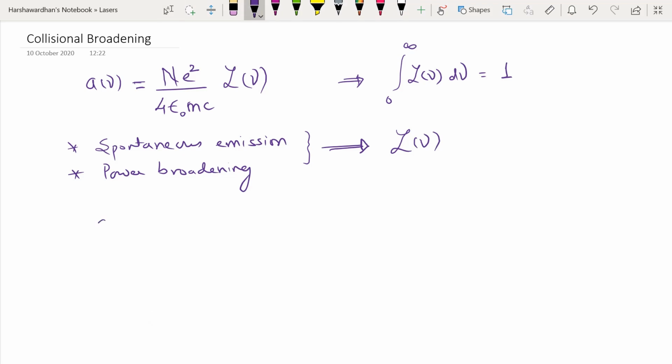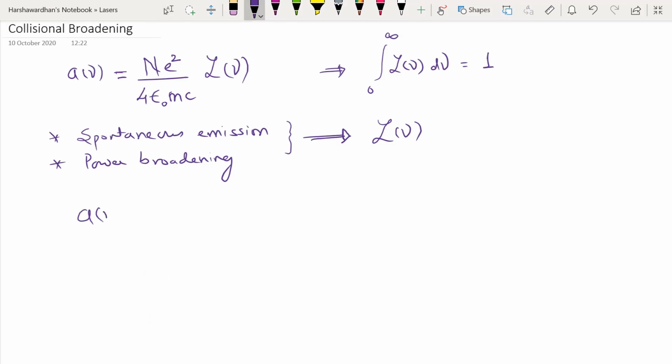So in general, one can write down the absorption coefficient A nu as the prefactor e squared over 4 epsilon naught mc times the line shape function, which in general could take a form not necessarily Lorentzian.